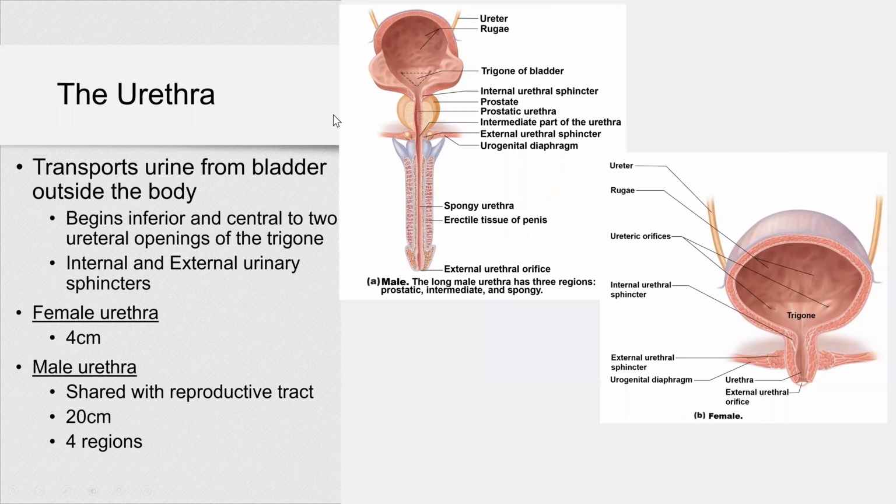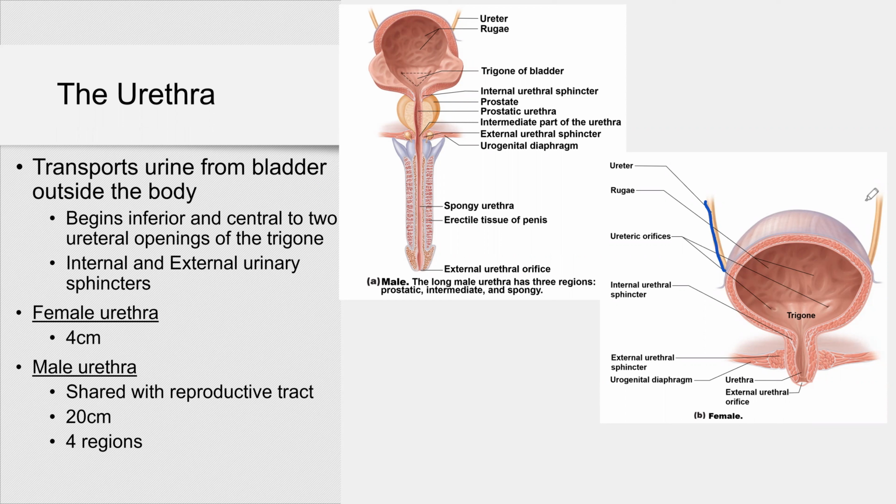Well, now the urethra. So the urethra transports urine from the bladder outside the body. It begins inferior and central to the two ureteral openings of the trigone. So that's what I just told you, maybe if you look at the female anatomy here.